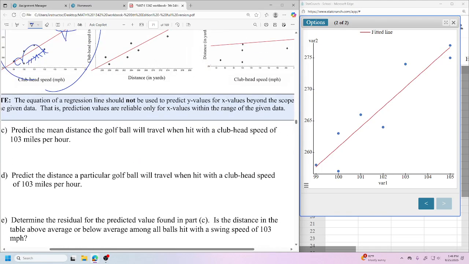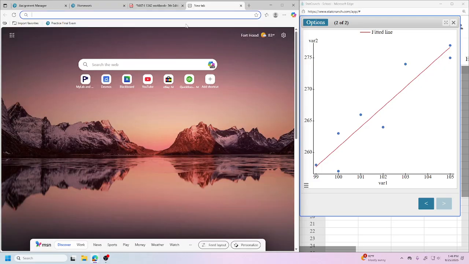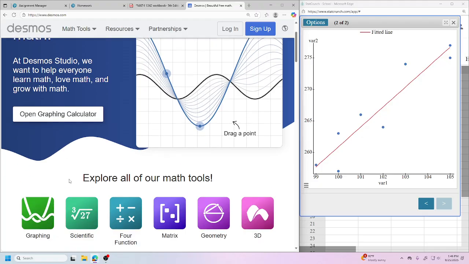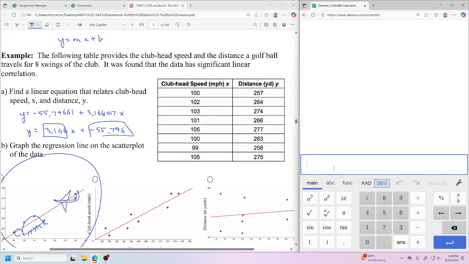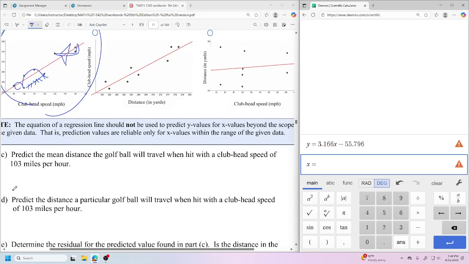All right. So it says predict what's going on at 103. This is a big timeout. And I want to show you two different methods. First off is the Desmos scientific method. It's okay. We do this occasionally where we pull up a separate calculator. So I'm going to type in y equals 3.166x minus 55.796. And x equals 103, as they say right here.